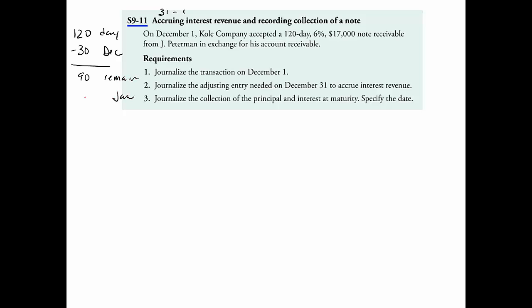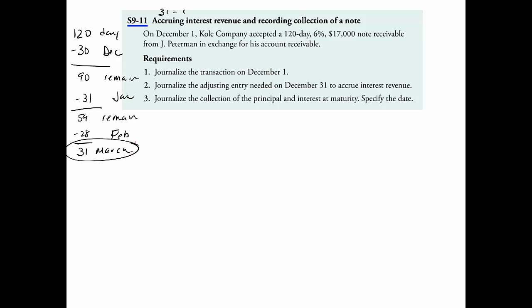In January, I'm going to use 31 of those. So at the end of January, there are 59 days left. In February, I will use 28 of those. So that means there are 31 days left, so it's due on March 31st is the maturity date.